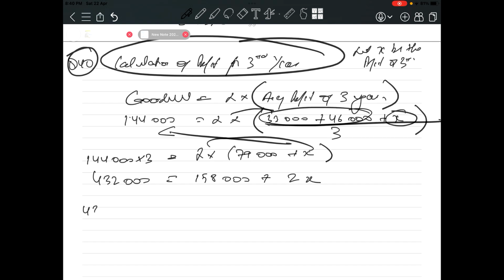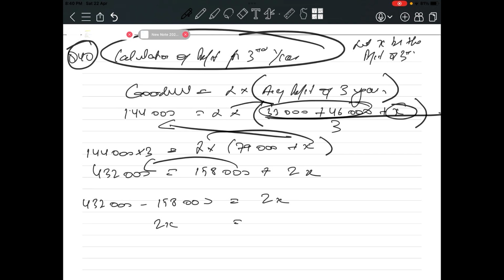Simple. Now this goes to the left-hand side, and it will be 2x. So now can I find the value of X? Yes. 432 minus 158 is 274,000. So what will be the value of X?